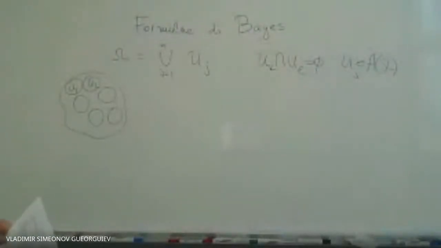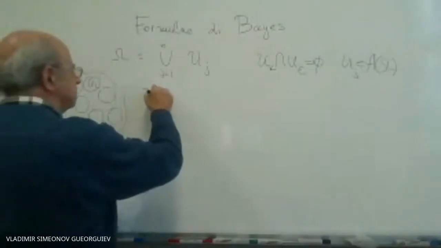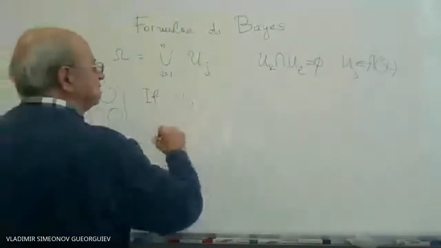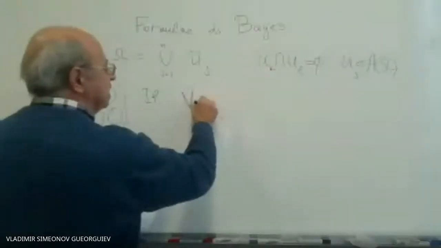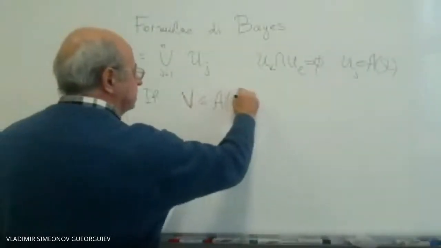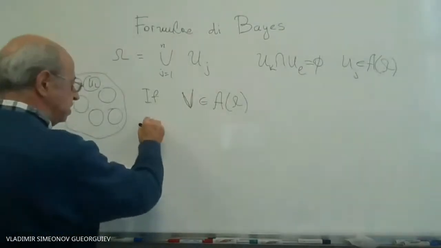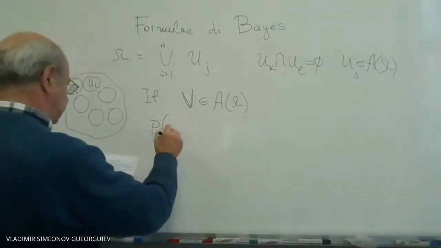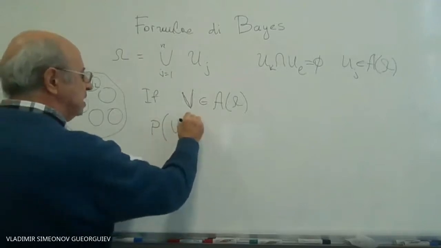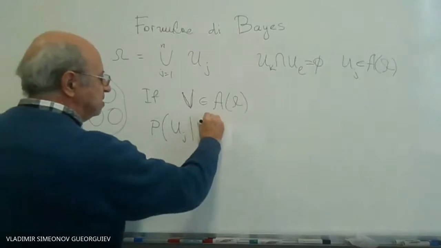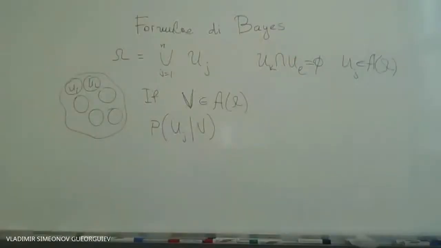So in this case, if we take V, an arbitrary element of our algebra, we may try to understand what is the probability of our event Uj under the condition that V happens. So what we know, what we have to compute.